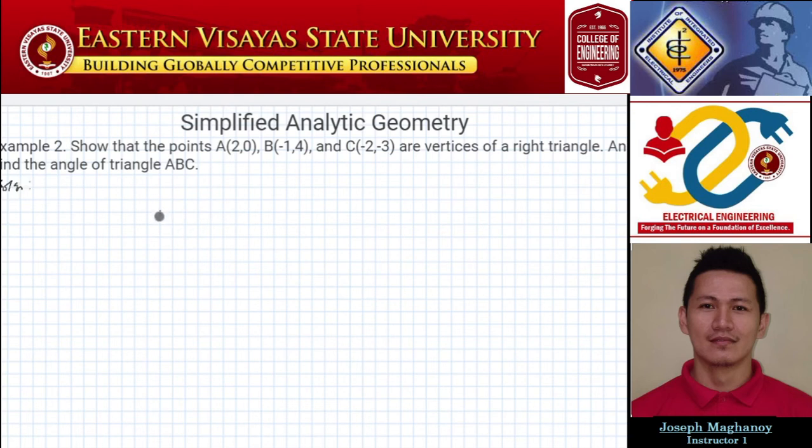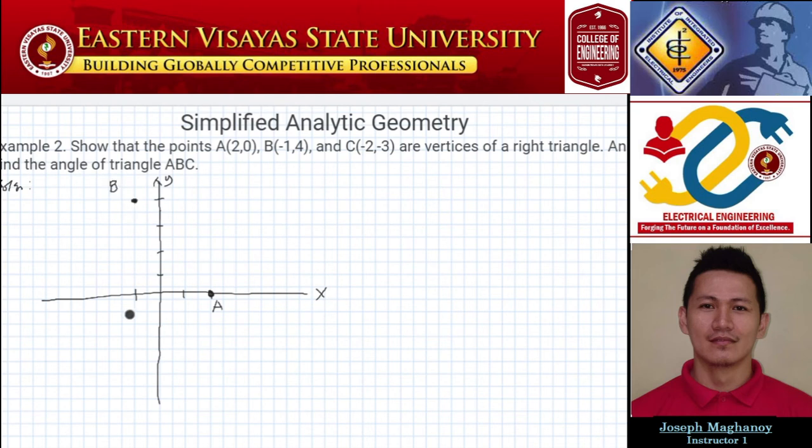We have a Cartesian plane. A is 2, 0. This is your point A. For your point B, negative 1 and 4. This is your Y and this is your X. This is your B.